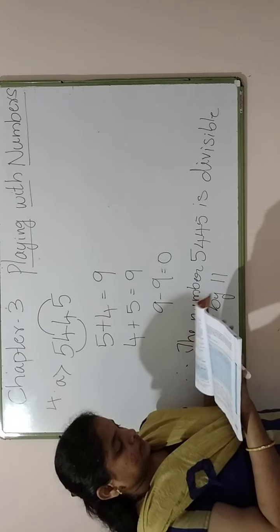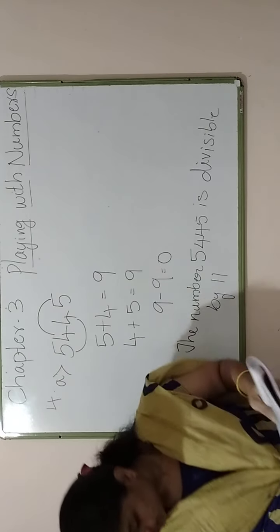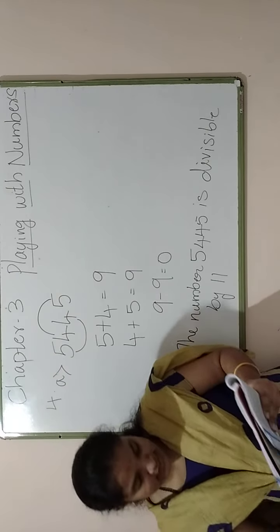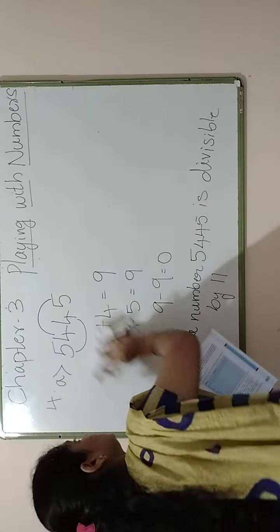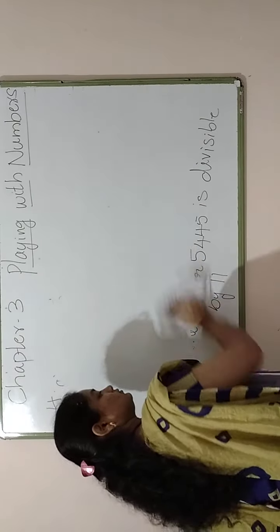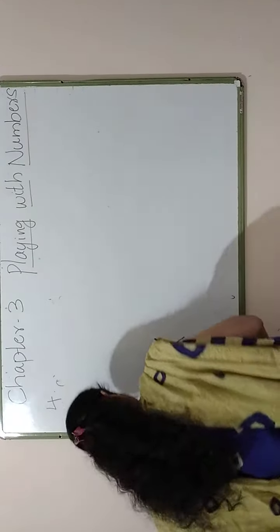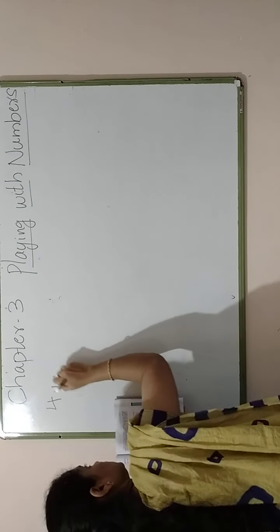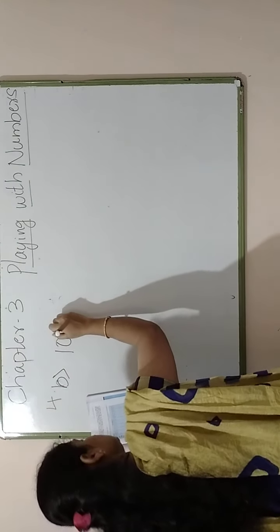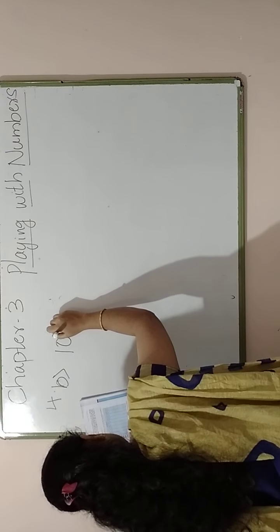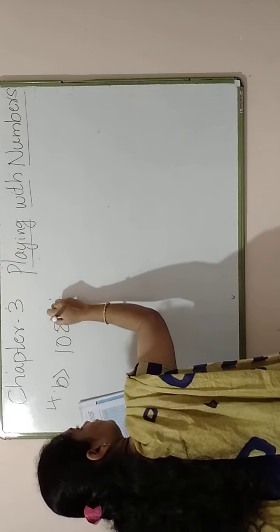The second number is 10,824. So now B, 10,824.